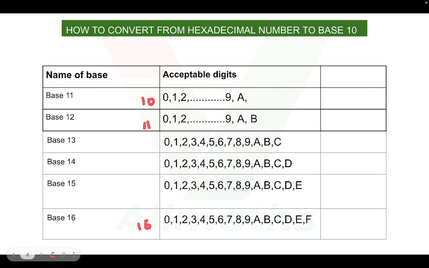Now, to avoid the visual distraction: 10 is actually like a 2-digit number, so how come you're telling me I should treat it as 1 digit? To avoid that visual distraction, that is why we represent them with alphabets.